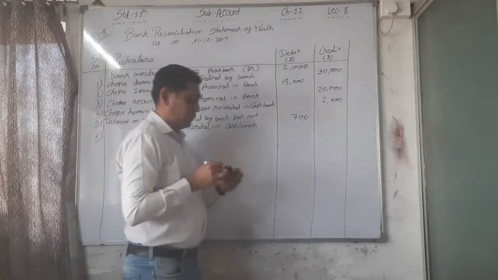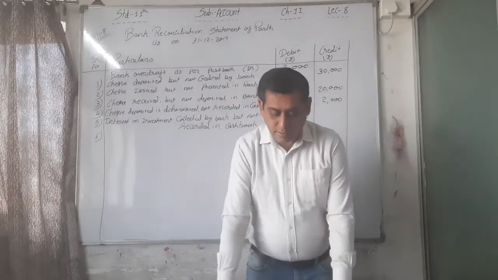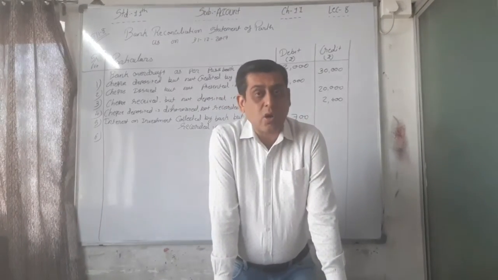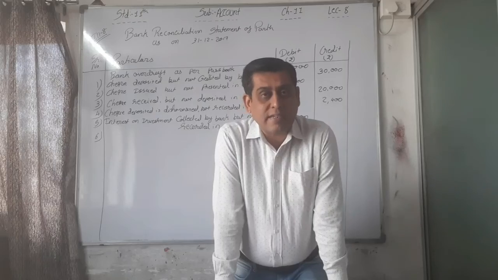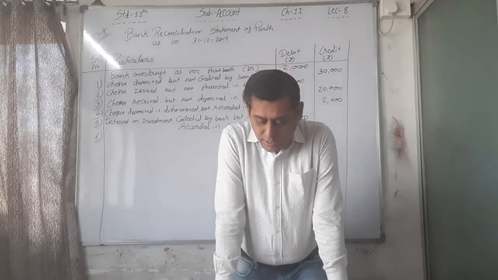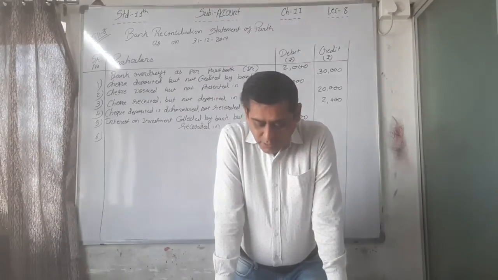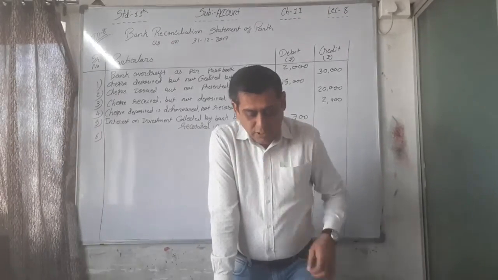Sixth point: demat charges paid by bank. Any charges paid by bank, the bank debits. We have to credit it, which is not recorded in the cash book.